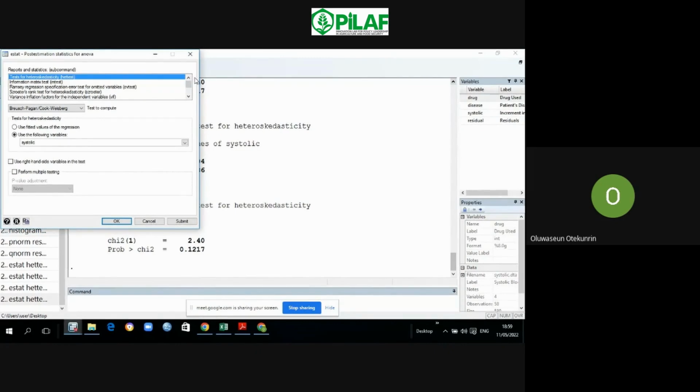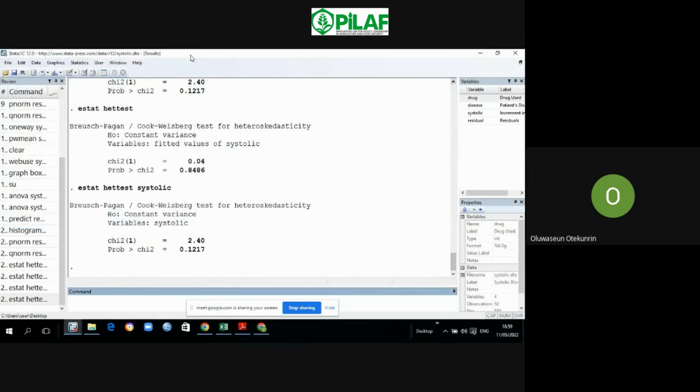So that's that. Now, we said that when you reject, you have to move on from your main analysis to get further indication of what is actually happening in the data set. So what we now want to do is only our drug that is significant.